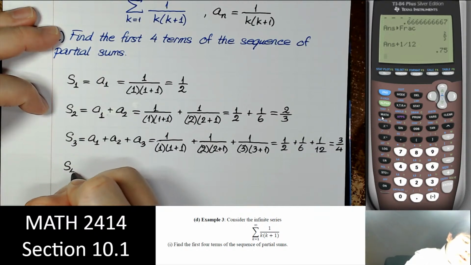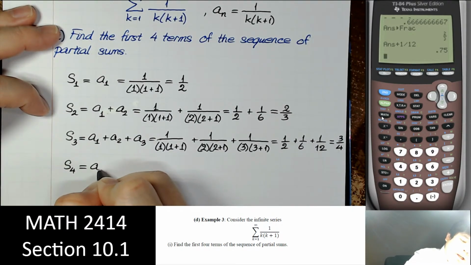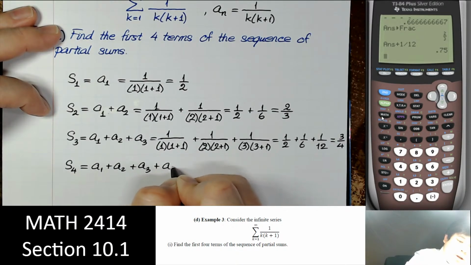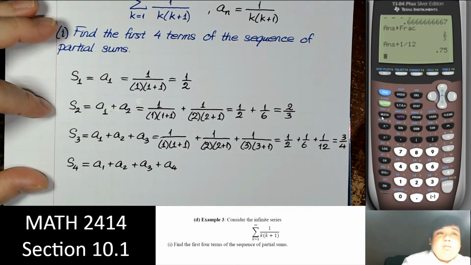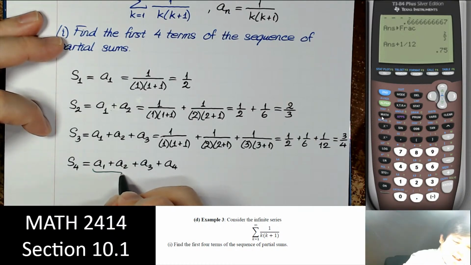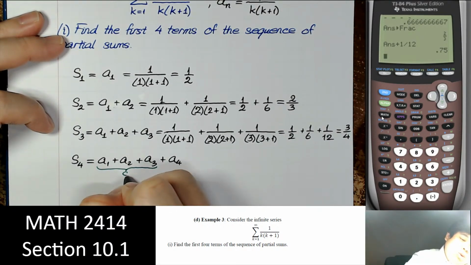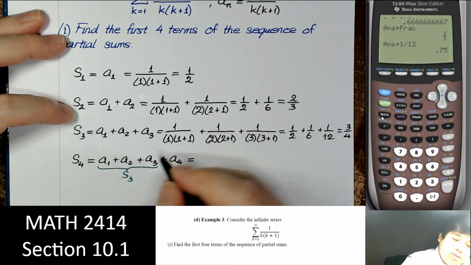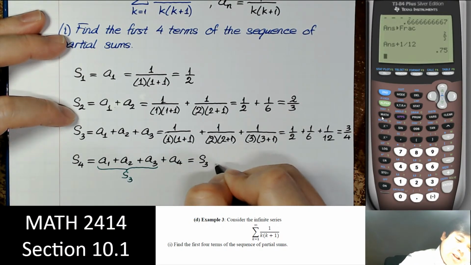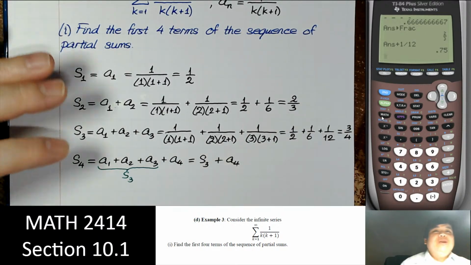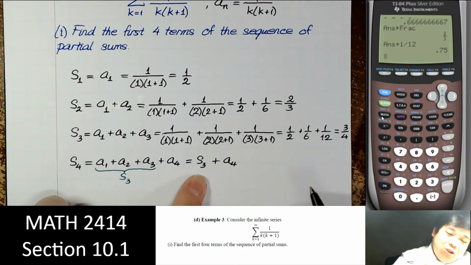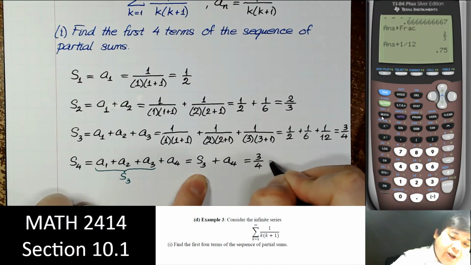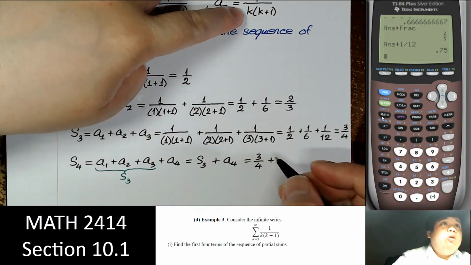And then S4 is A1 plus A2 plus A3 plus A4. I'm not going to write all the terms because we already have the first three terms in S3. So I'm going to write this as the recursion relation: S3 plus A4, right? We just add a new term to it. S3 is 3/4. A4 is where we put 4 in for k.